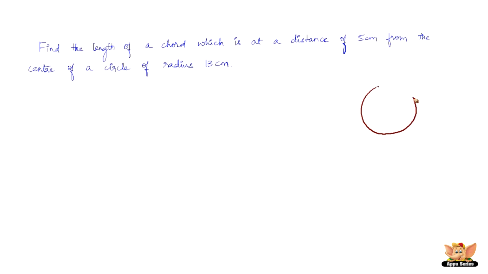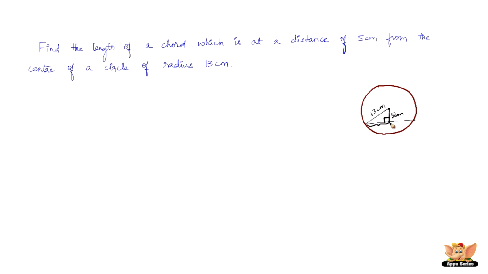So let us draw the diagram now. Here we've got a circle. This is the center. Now we have the distance of the chord from the center, which is nothing but 5 centimeters. So this length is 5 centimeters. And the radius of the circle is 13 centimeters. So we need to find this length.